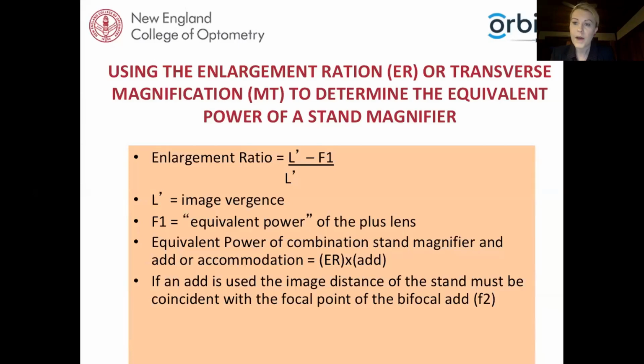And the equivalent power of the stand magnifier considers this enlargement ratio and the near addition or the accommodation demand for the patient. So the equivalent power of the system when we prescribe a stand magnifier is really a combination between the near addition in the glasses and the enlargement ratio provided by the stand magnifier.